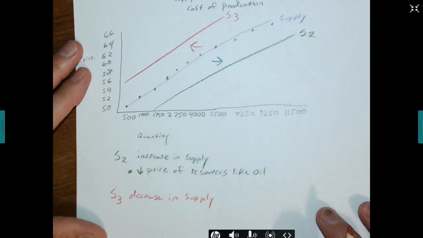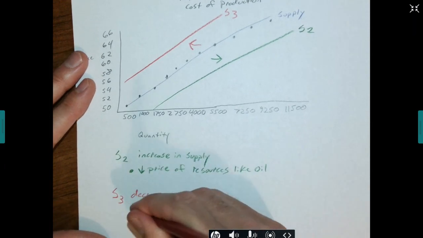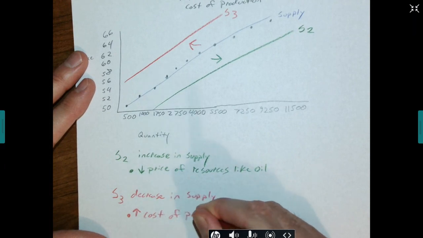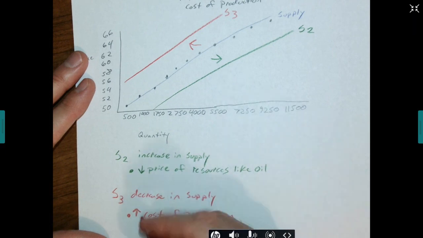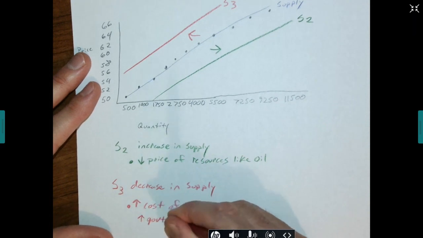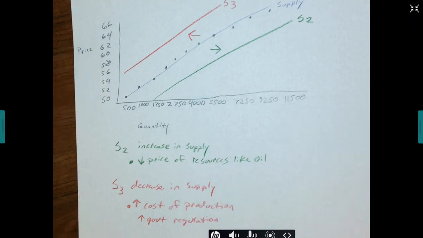And this one would just be an increase in cost of production. Maybe an increase in government regulation, an increase of business taxes or things like that.